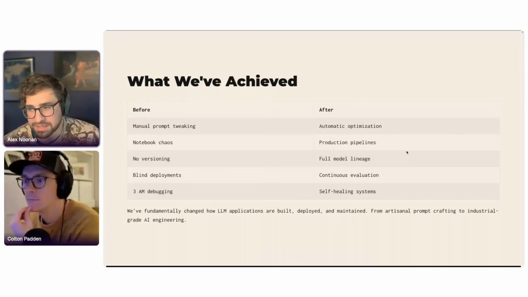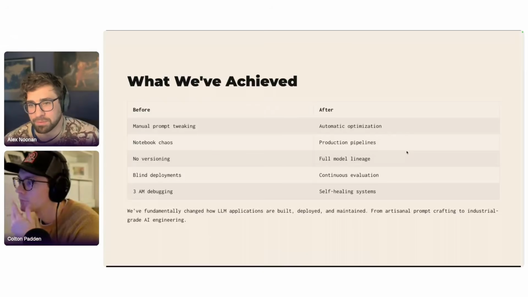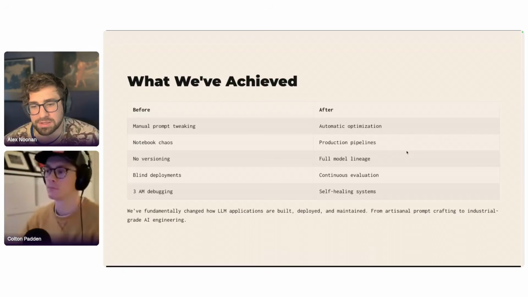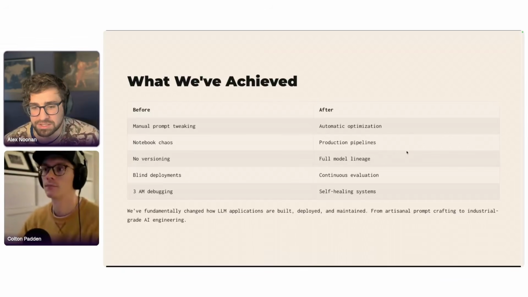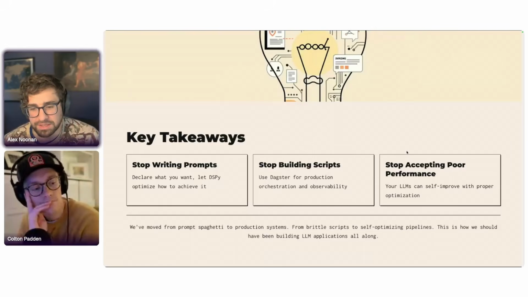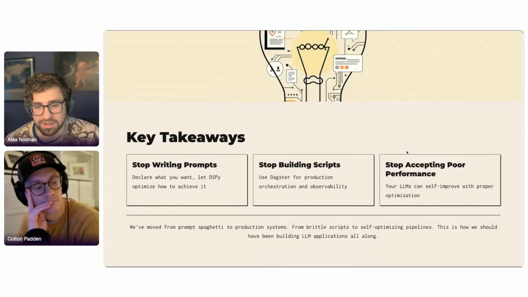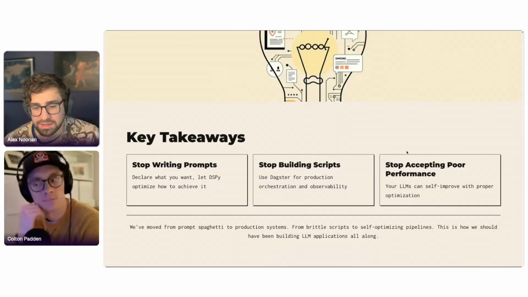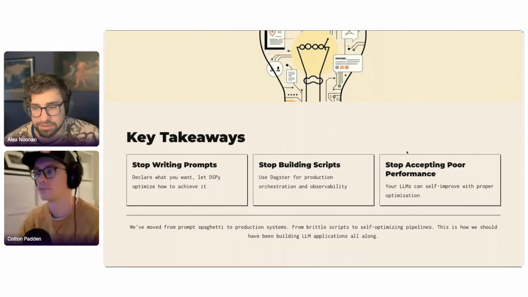But yeah, so in summary, when you combine DSPy and Dagster, you get automatic prompt optimization, production-ready pipelines, full model lineage, continuous evaluation, and self-healing systems. And the key takeaway is you can step away from writing these big prompt files, and you can let the system work for you.